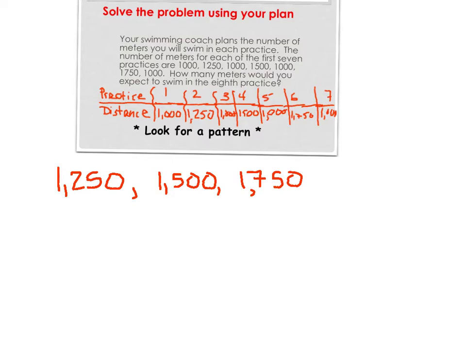So in order to find out how much it increases by, I can use subtraction to find out the difference between 1,250 and 1,500. So I'll subtract the two.